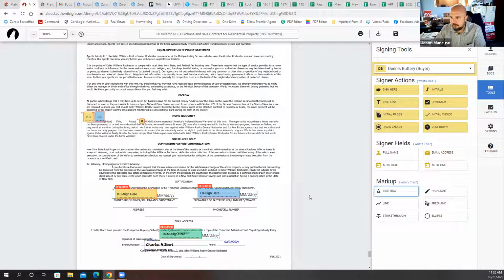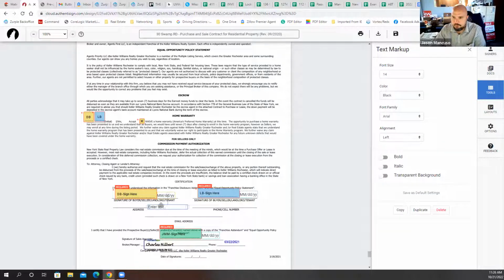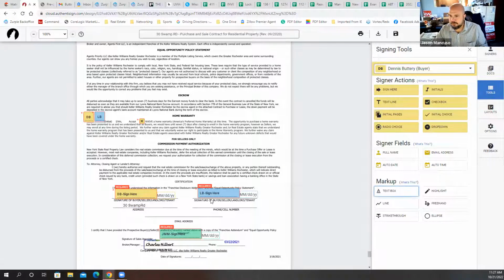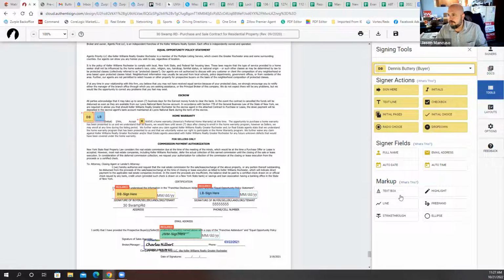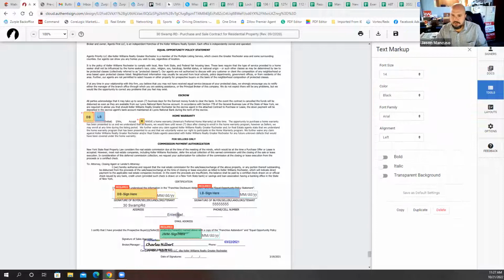Just click on it and then you can enter text. I'm just going quick, but do the full address, 30 Swamp Road. Okay. Tools, another text box, phone number, 5555. Another text box for their email, blah, blah, blah.